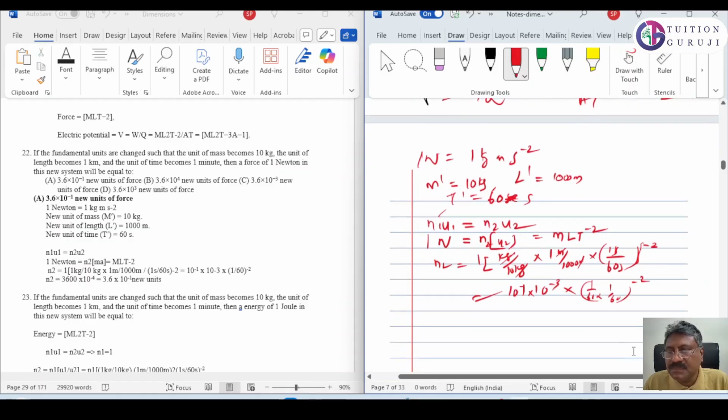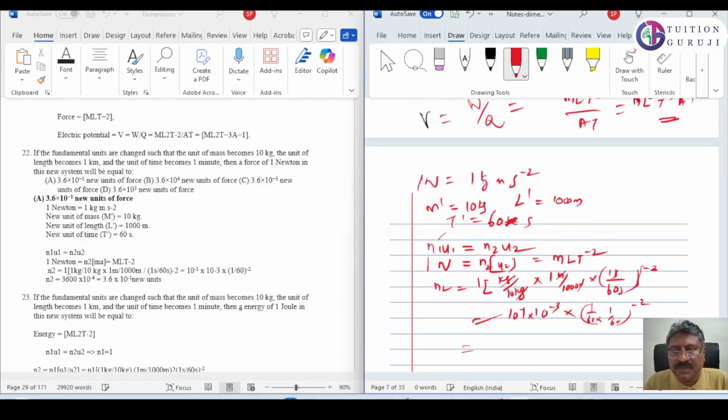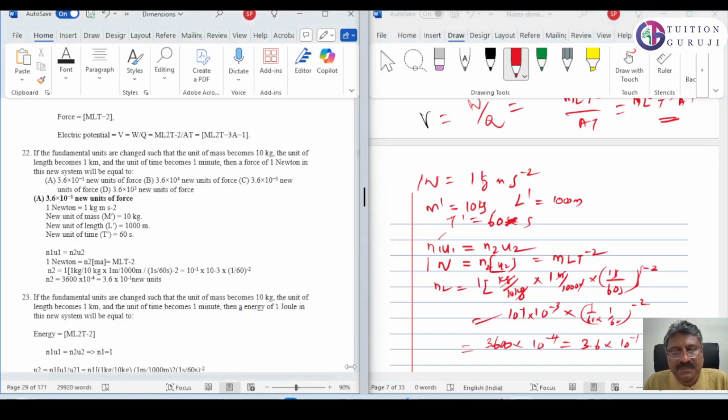So it is equal to 3600 into 10 raised to minus 4, which gives 3.6 into 10 raised to minus 1 new units of force.